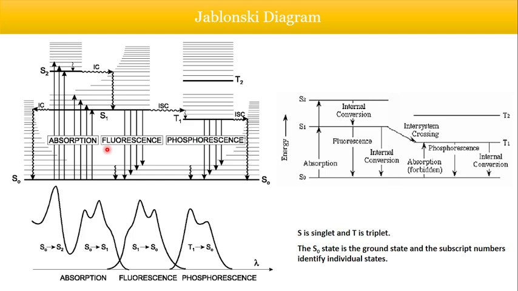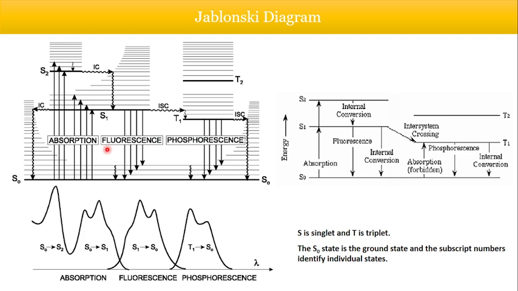So first the electron is excited to a higher level, say Sn, then it loses its energy and moves to the Sn minus 1 level via internal conversion, and then from the Sn minus 1 level it moves to the ground state level via radiation of energy. This we term fluorescence.